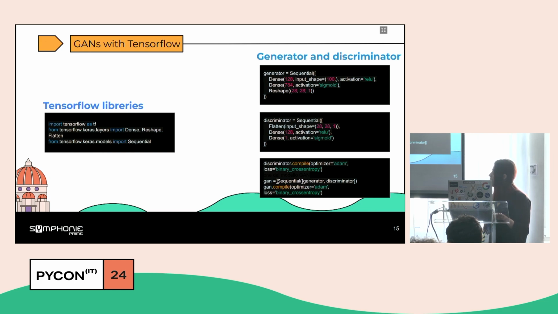As we can see on the left, we basically need to import the common layers part of the TensorFlow and Keras libraries. And then, on the right, you can have the building of a generator model by using the sequential method that belongs to Keras. You can then build the discriminator model, and then you can compile everything to have a single architecture.